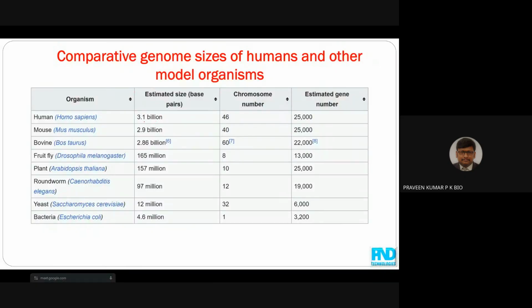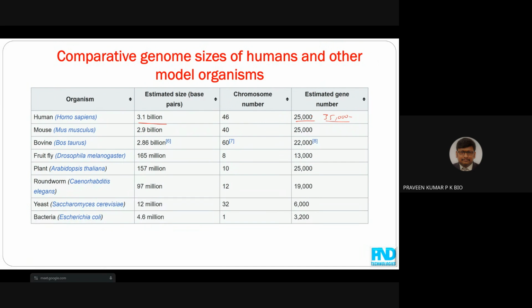According to the NCBI data, the estimated size of the human genome is 3.1 billion base pairs, and of course we take 22 plus X plus Y, 24 chromosomes. And this is actually not updated. At present, you can see around 35,000 to 40,000 genes are available in Homo sapiens.